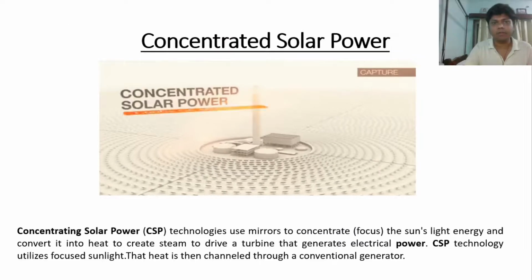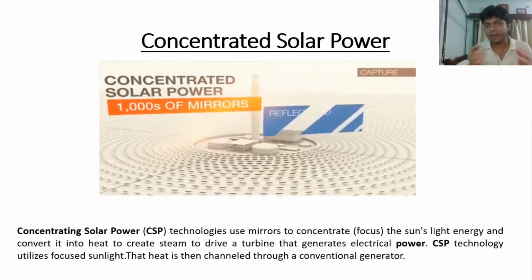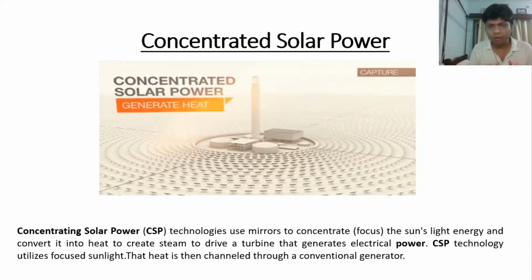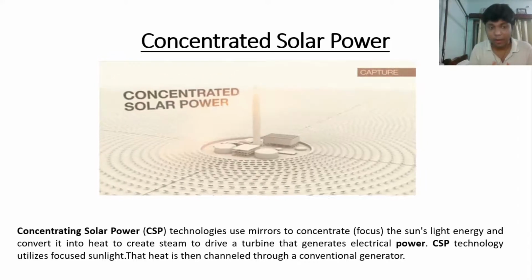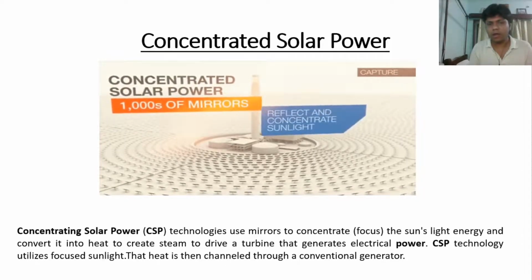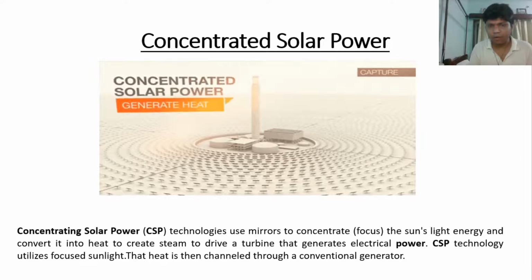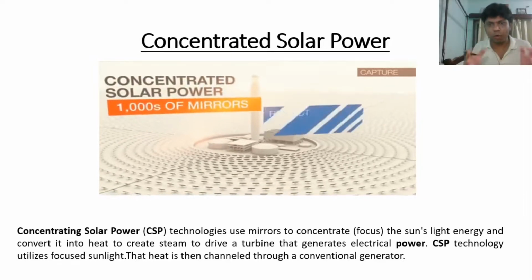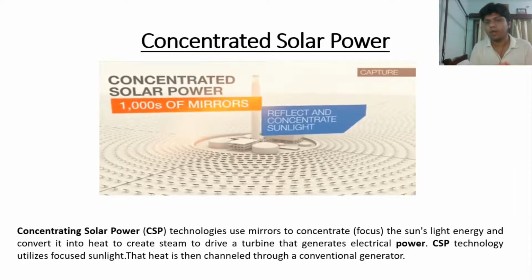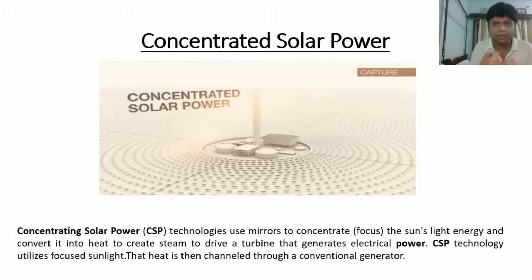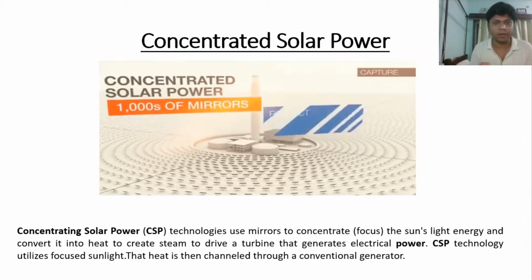Now another type of system is called concentrated solar power, CSP. With the help of CSP technology, we use mirrors to concentrate, that is, to focus, the sun's light energy.